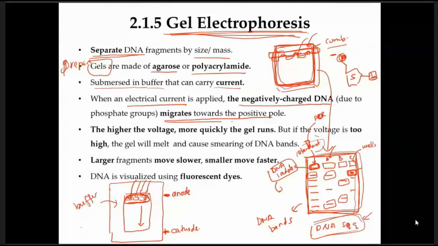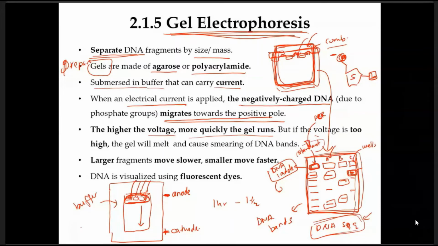Okay, so you are going to apply electric current lah. So, the higher the voltage, the more quickly the gel runs. So selalunya you run the gel electrophoresis for about 1 hour to 1 hour and a half. Bergantung kepada size gel awak, bergantung kepada size sample awak. Okay. So kalau size gel besar, lamalah dia nak kena migrate.